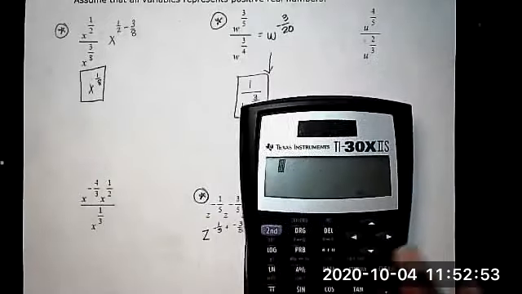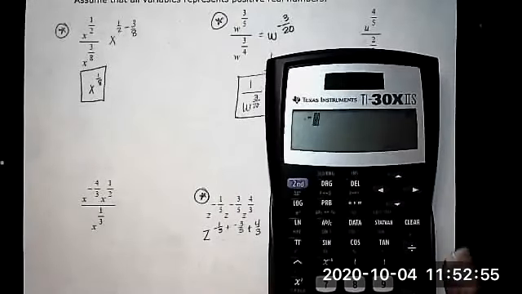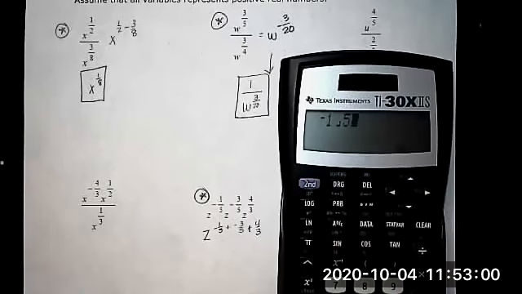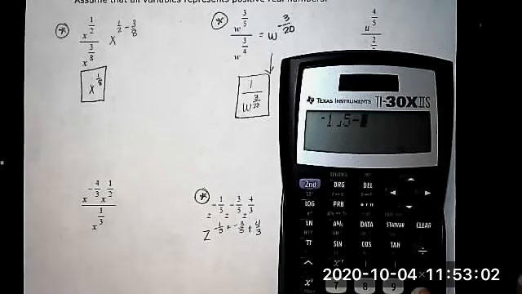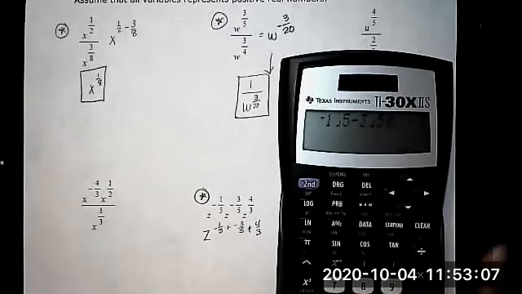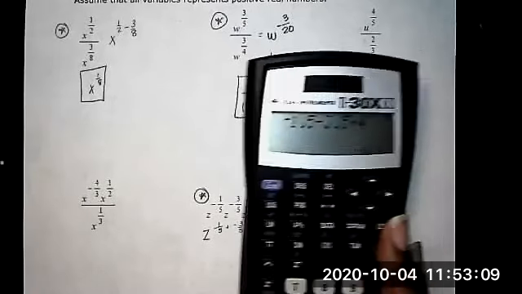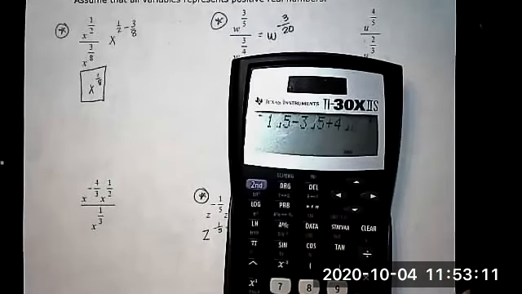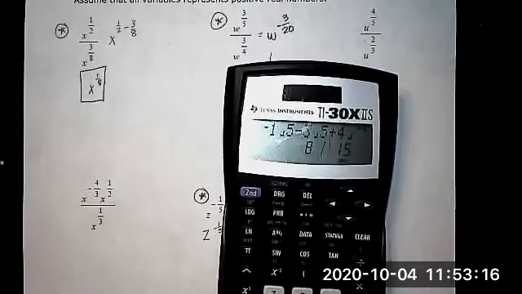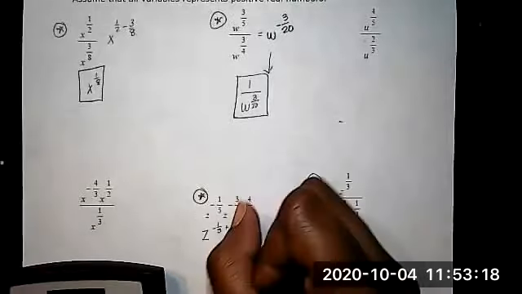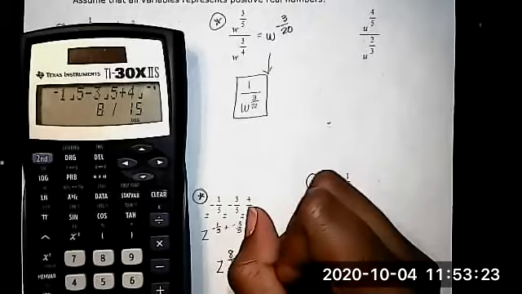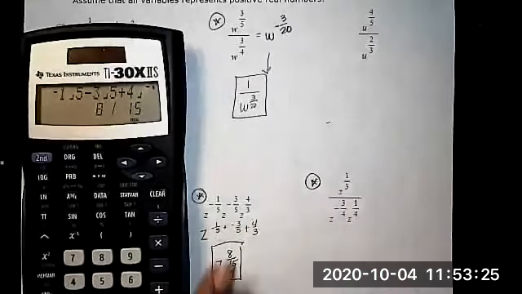So this becomes what? -1 divided by 5 minus 3 divided by 5 plus 4, and then the backwards L thing, push enter, your answer will be in fraction form, so it'll be z to the 8 over 15. That is your answer for that one.